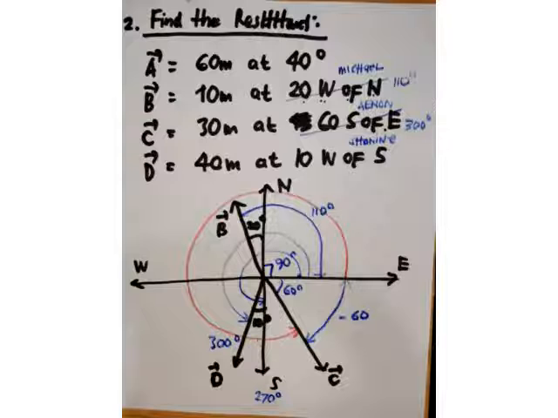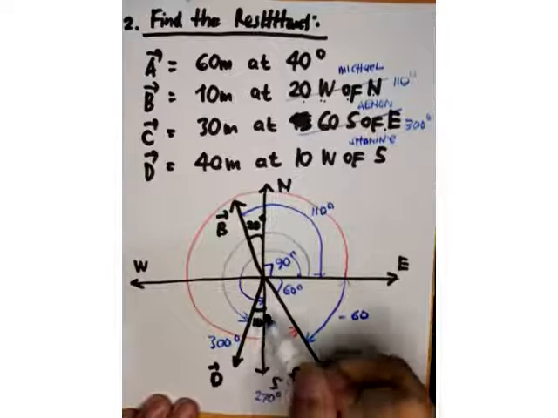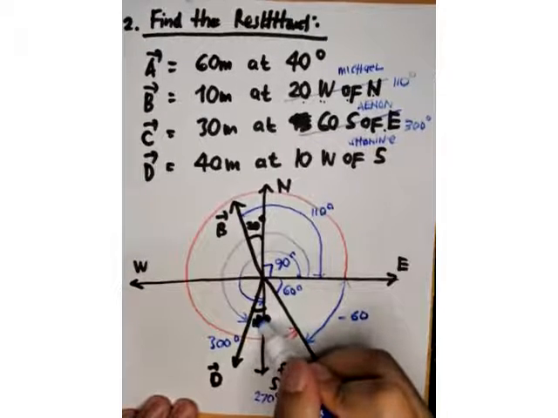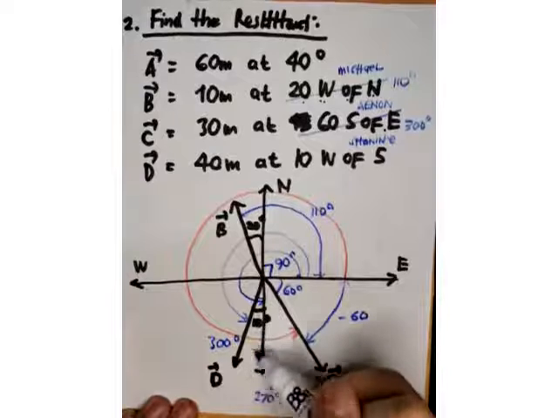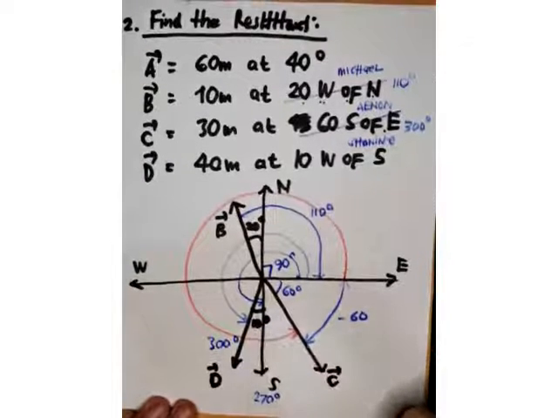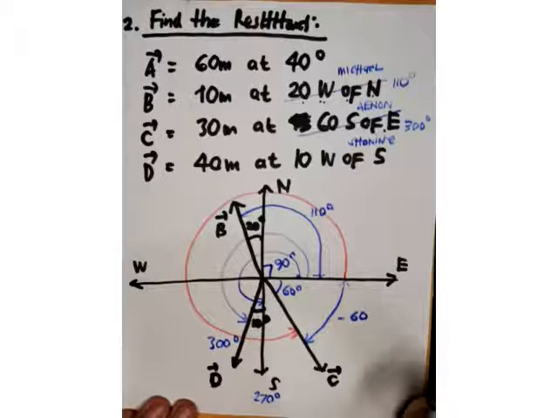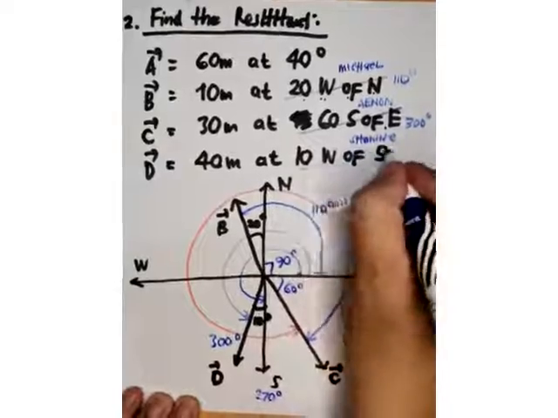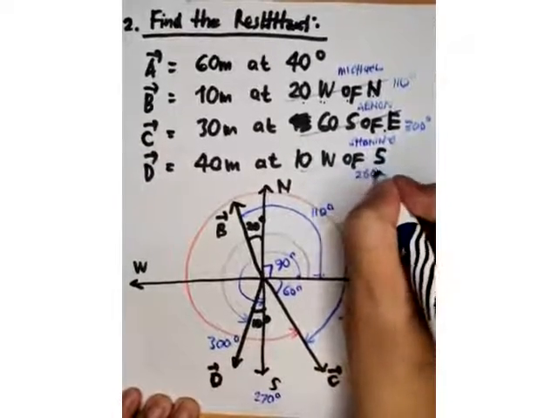Tingnan mo, 270. Tapos hanggang dito lang, 10 degrees ito. So, magiging siyang 270 minus 10. Okay, 260. So, the answer should be 260 degrees.